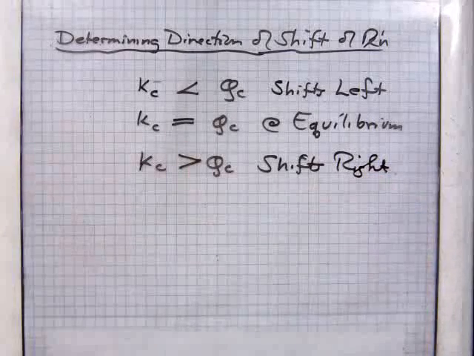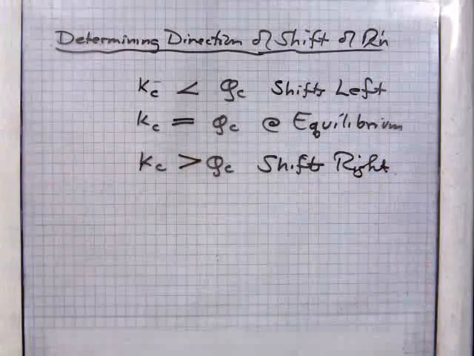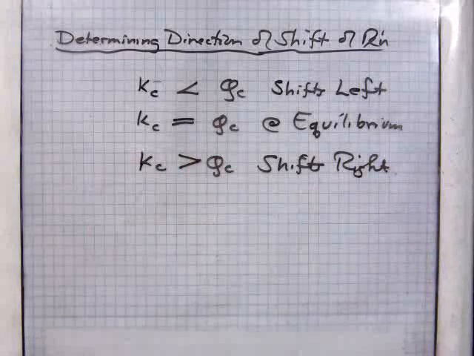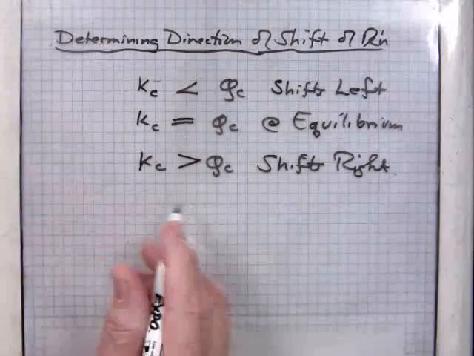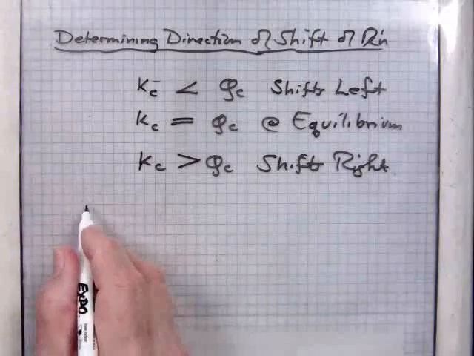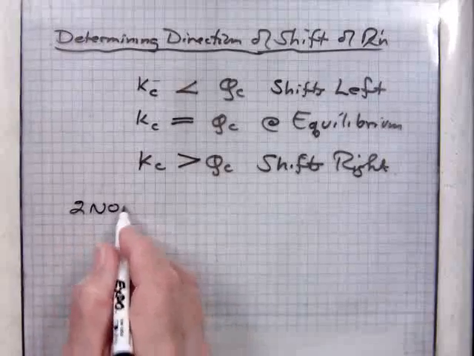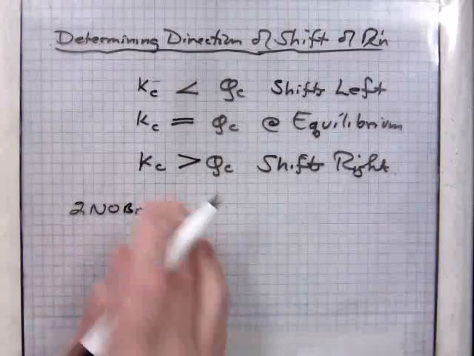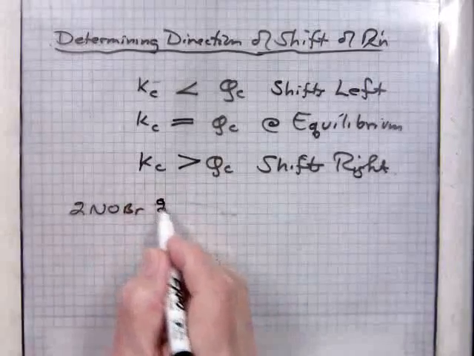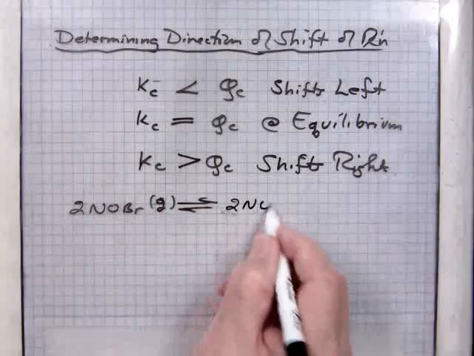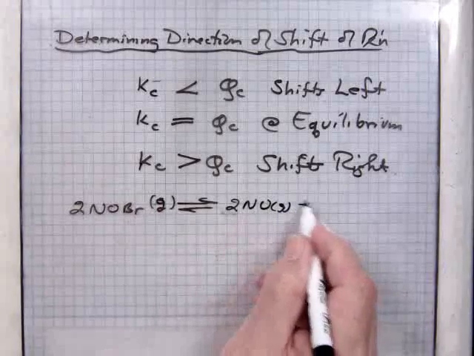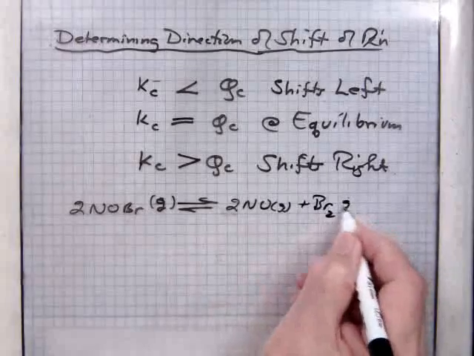Now this will show up again when we get to KSP in the next sections. So, it's a real simple process now, if you understand that. These are the conditions that define the direction of shift. So, we go back and we say we're given 2NOBr as a gas, I better put it in just in case, as a gas, and it goes to 2NO as a gas plus Br2 as a gas.